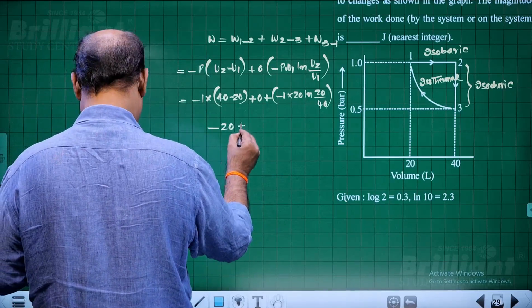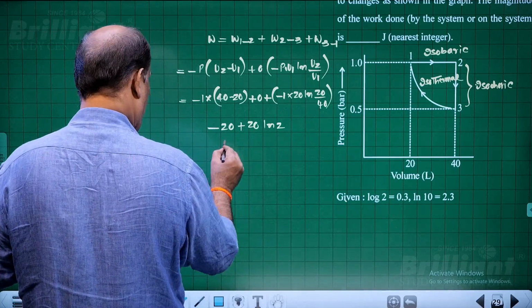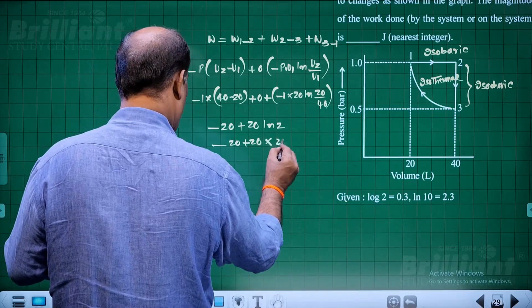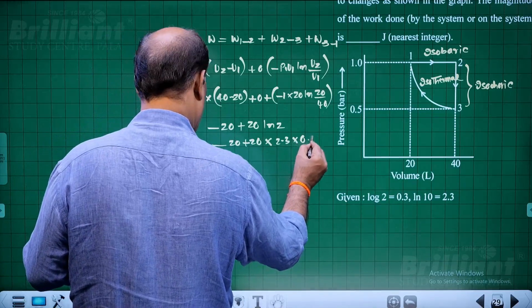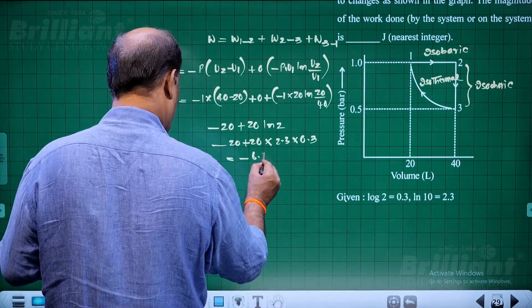Minus 20 plus 20 ln 2, minus 20 plus 20 into 2.3 into 0.3. This is minus 6.2.